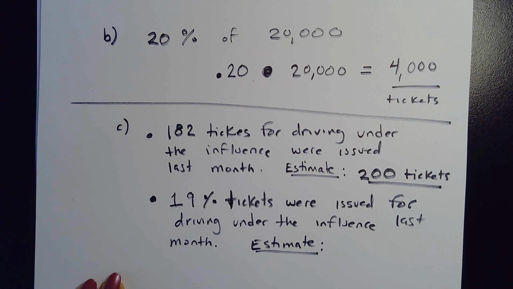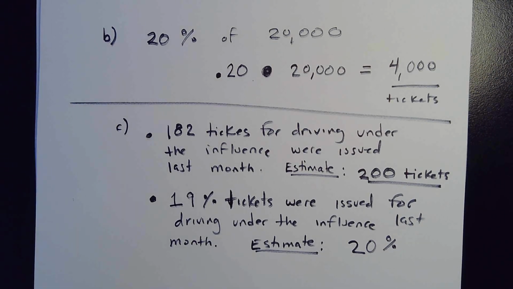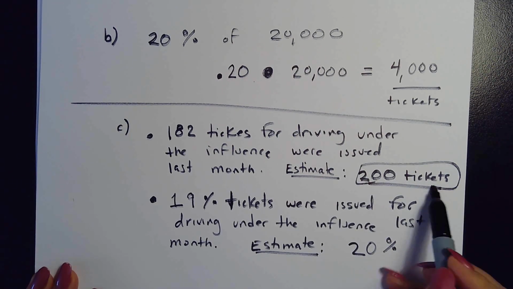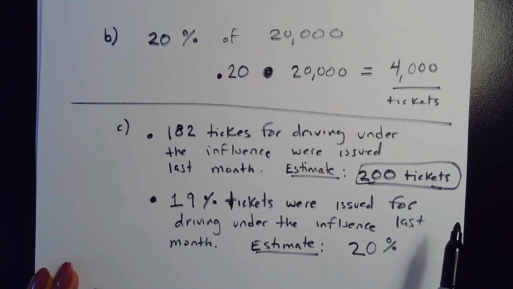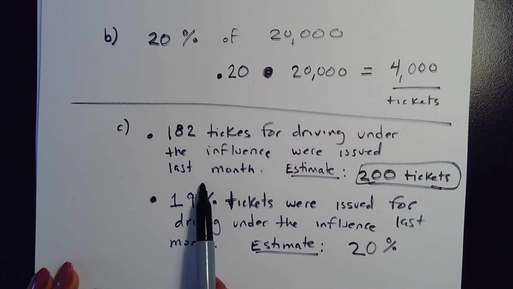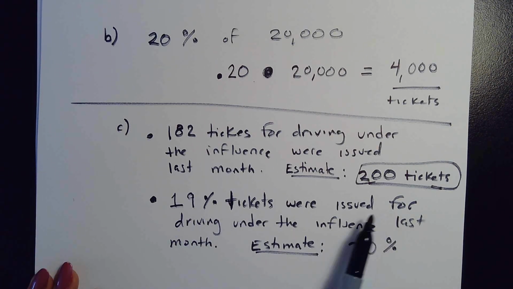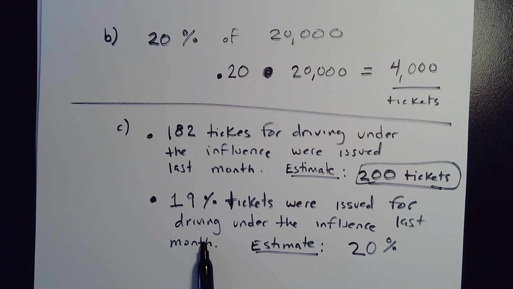The estimate I'm going to make is 20%. Let's say 20% of the tickets issued last month were for driving under the influence. So then you have 200 tickets issued for driving under the influence. We know the percentage was for last year, right? But we said that we can use the same percentages for the month.